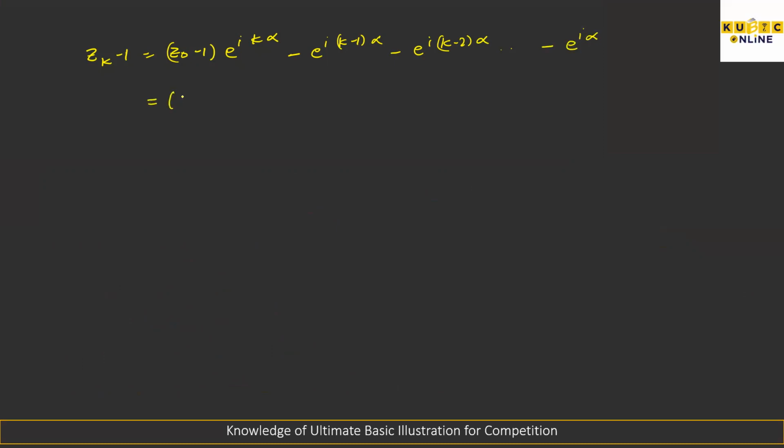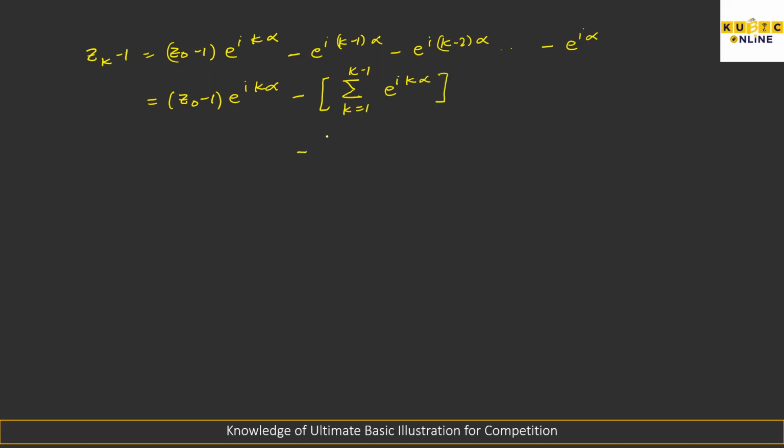So it is z0 minus 1 into e to the power I k alpha minus the sum from 1 to k minus 1 of e to the power I k alpha.